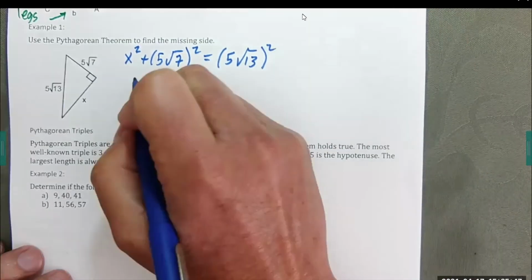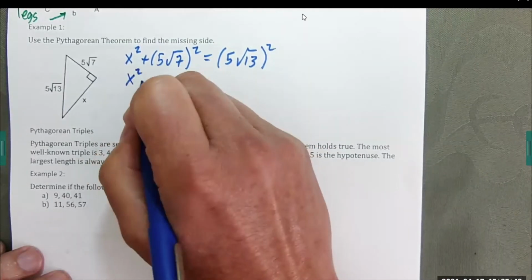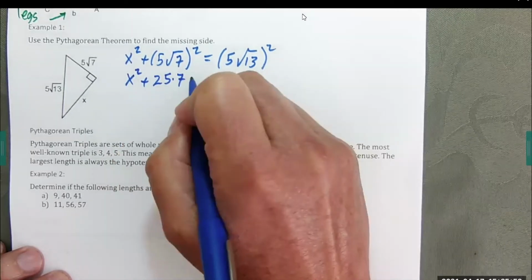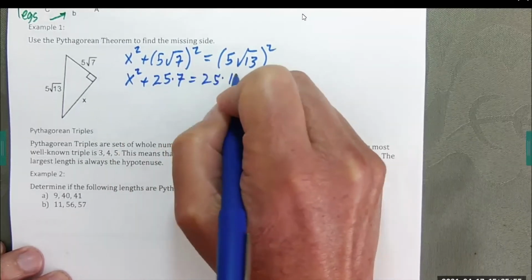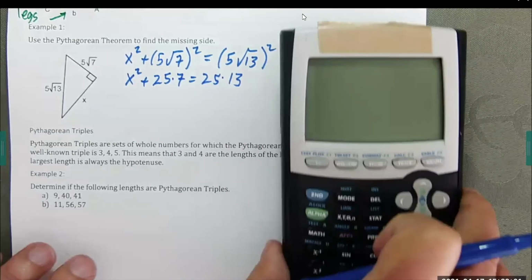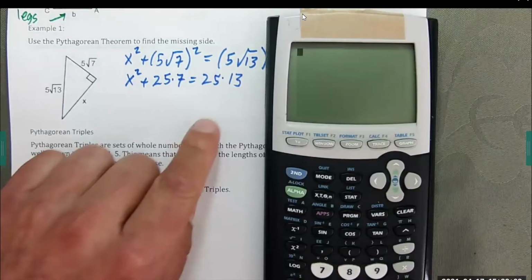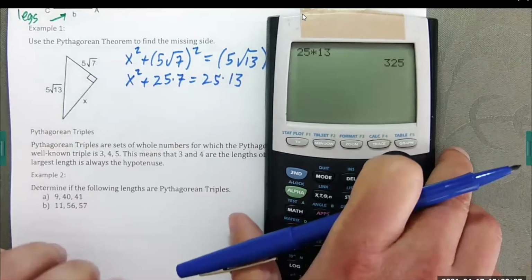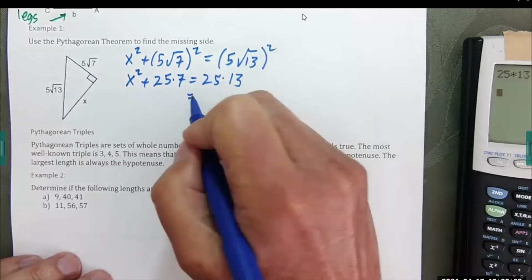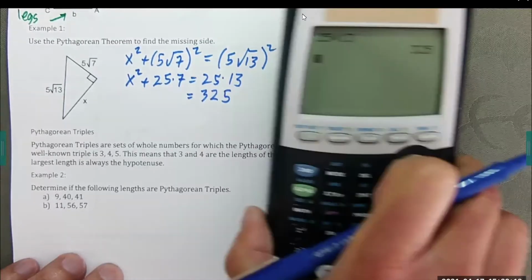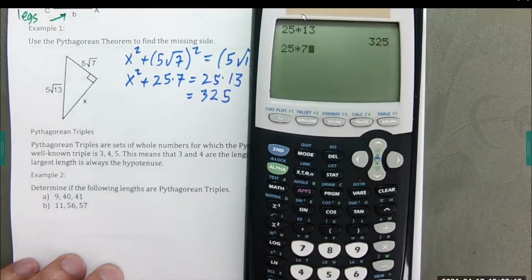And if you remember, x squared plus, this gives me 25 times 7 equals 25 times 13. And that gives me, so 25 times 13 is 325. 25 times 7 is 175.